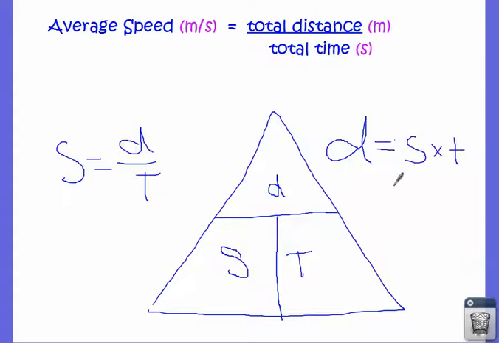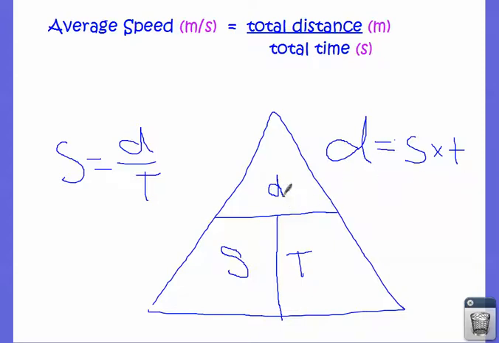And when we have it in this format, the item that is isolated, in this case distance, that's what goes to the top of the triangle. So we're going to see a lot of equations that are going to be in this format, something equals a fraction, or in this format, something equals 2 things multiplied together. In either case, we can put them into this triangle, where what's up top goes up top, or what's isolated goes up top, if they're all in one line.